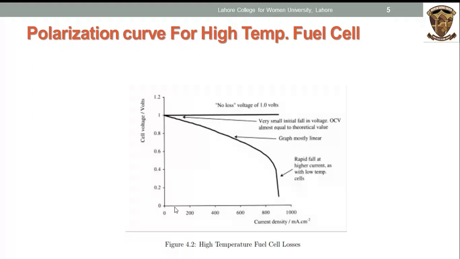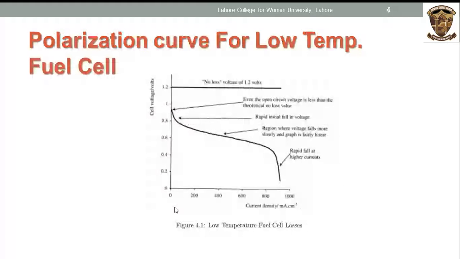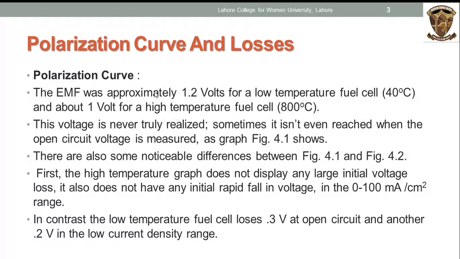Whereas in comparison, in the polarization curve for low temperature fuel cell, in this range, that is from 0 to 100, there is appreciable loss in the voltage, right? So for low temperature fuel cell, losses 0.3 volt at open circuit and another 0.2 volt in the low current density range.